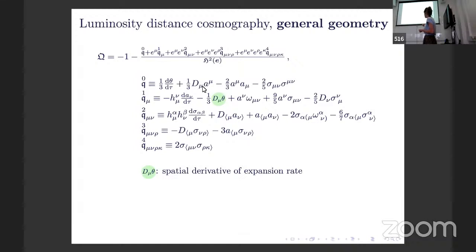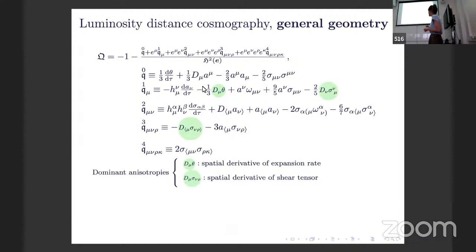So we might already expect that terms that involve spatial gradients in the kinematical variables in the deceleration parameter, but also in the higher order cosmological parameters, will dominate the anisotropic features that the observer is going to see.